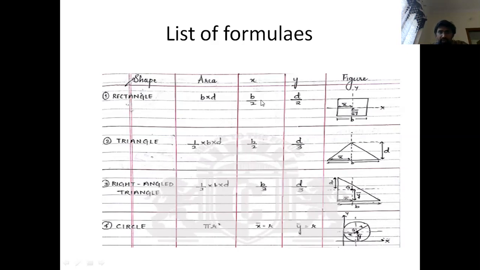For the rectangle, the x bar will be b by 2, and similarly the y bar will be d by 2 with reference to this axis, and similarly this axis. And again here the x bar distance will be b by 2 and the y bar distance will be d by 3. And similarly for this whole circle, the x bar distance will be r, that is d by 2, and the y bar distance will be r or d by 2.